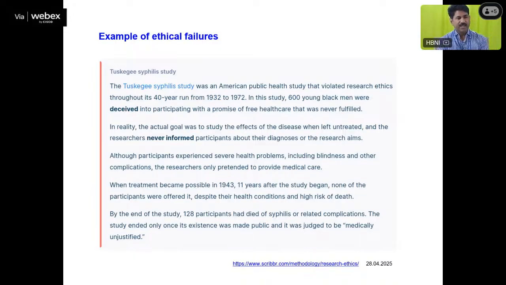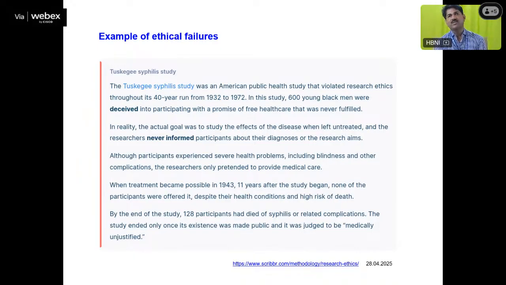In reality, the actual goal of the study was to study the effects of the disease when left untreated. So if the disease is given to a participant and is not treated, what type of side effects will occur, that was the actual aim of the study. The researchers never informed the participants about the diagnosis or the research aims.